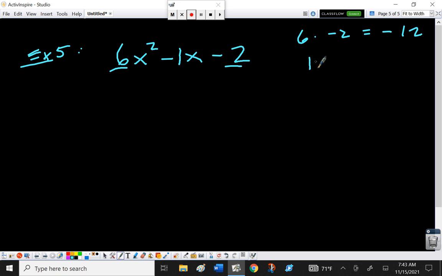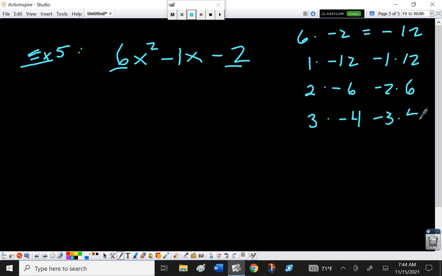So positive 1 times a negative 12, and a negative 1 times a positive 12. Positive 2 times a negative 6, and negative 2 times a positive 6. Positive 3 times a negative 4, and a negative 3 times a positive 4.